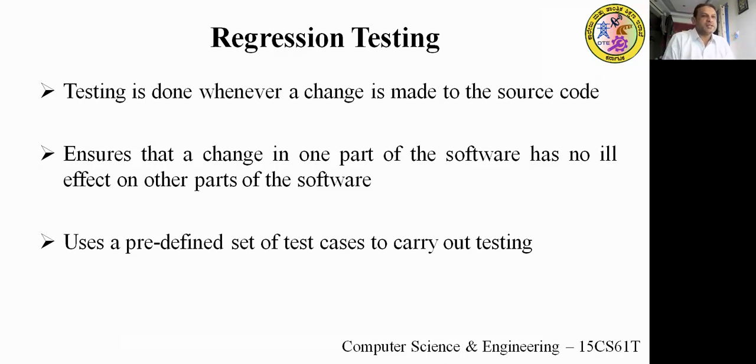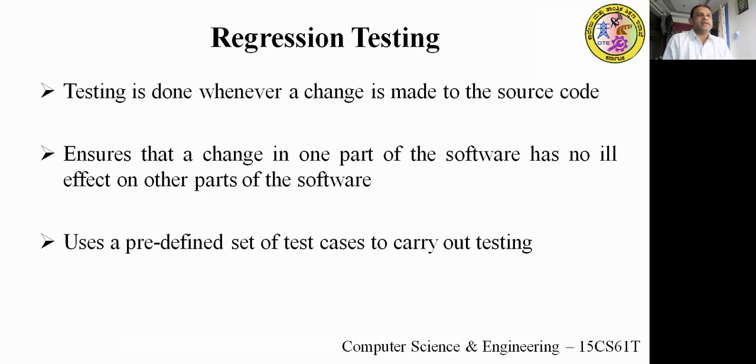It uses a predefined set of test cases to carry out testing. You have already tested this program and you know the test cases and the inputs. When any modification has been done, we test the same test cases once again so that there is no effect on the other parts of the program. That is what we call regression testing.